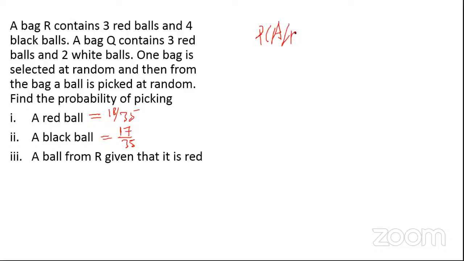So A given B is defined by probability of A intersection B, then we divide this by probability of B. This is read as probability of A given B. And this is how it is defined.